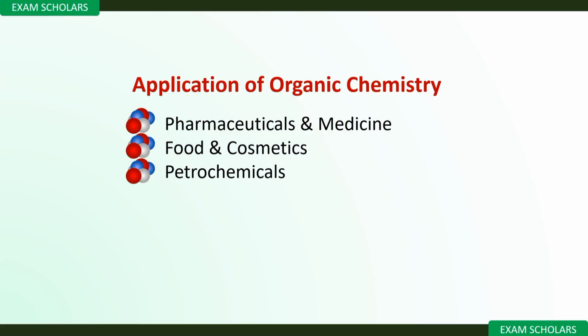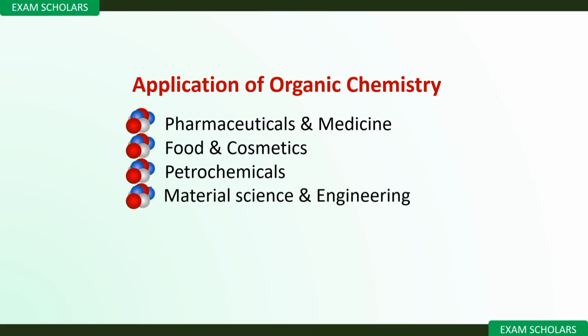Such chemicals can be used for making insecticide, nylon, all these polymers. They can be used for making grease, different chemicals. Knowledge of organic chemistry is also applied here in petrochemicals. Knowledge of organic chemistry is also useful in refineries as well.